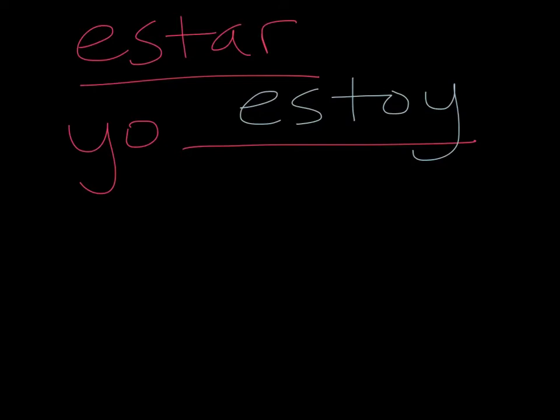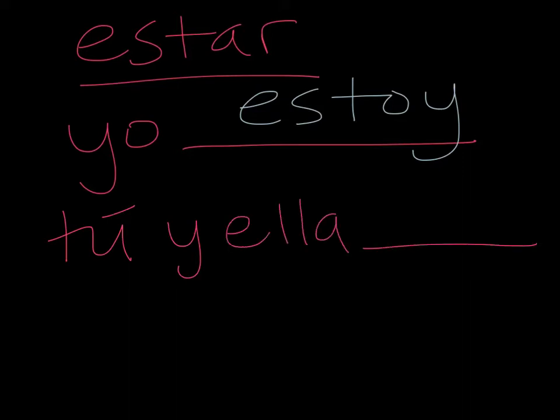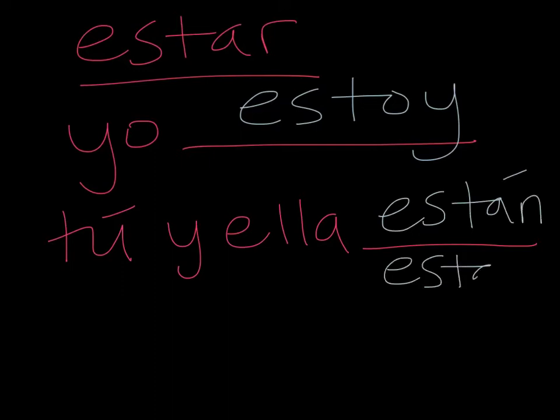Si tengo el sujeto tú y ella, what would the verb or the form of estar be? Muy bien. It would be either están, or you could also say estáis. Remember, oops, not over the I, over the A.